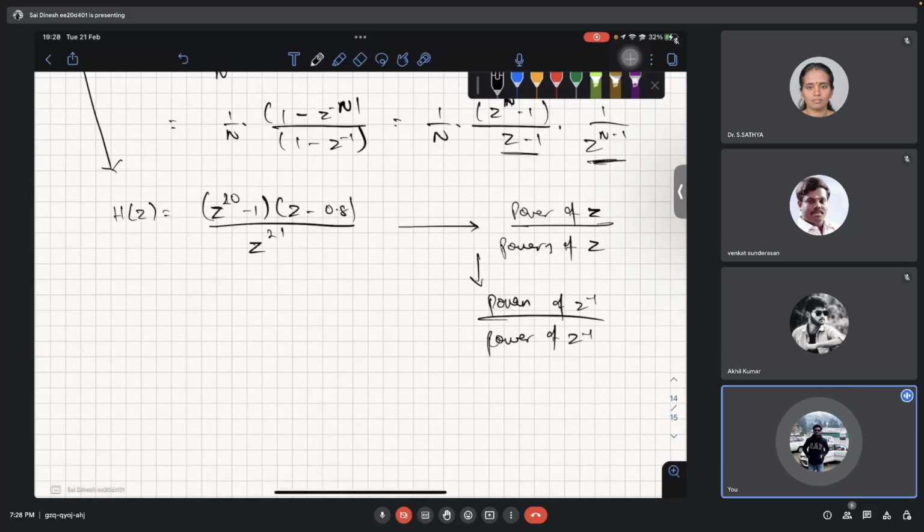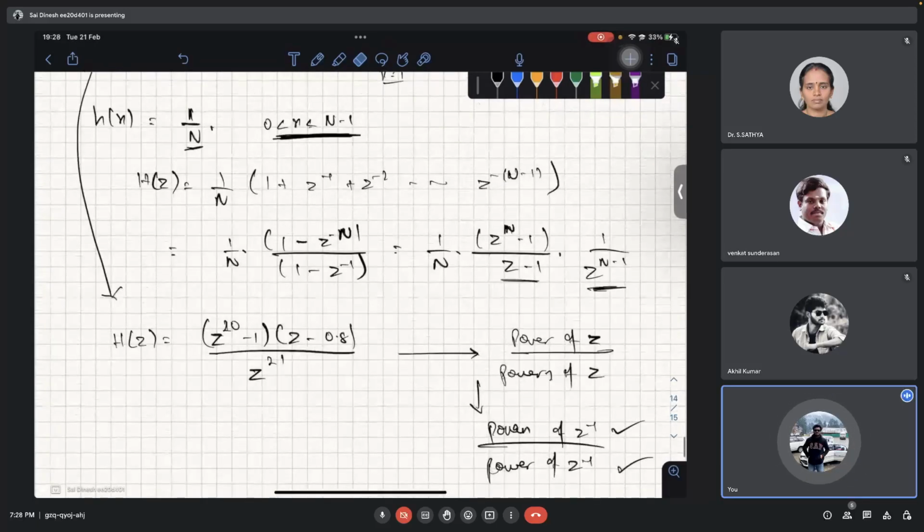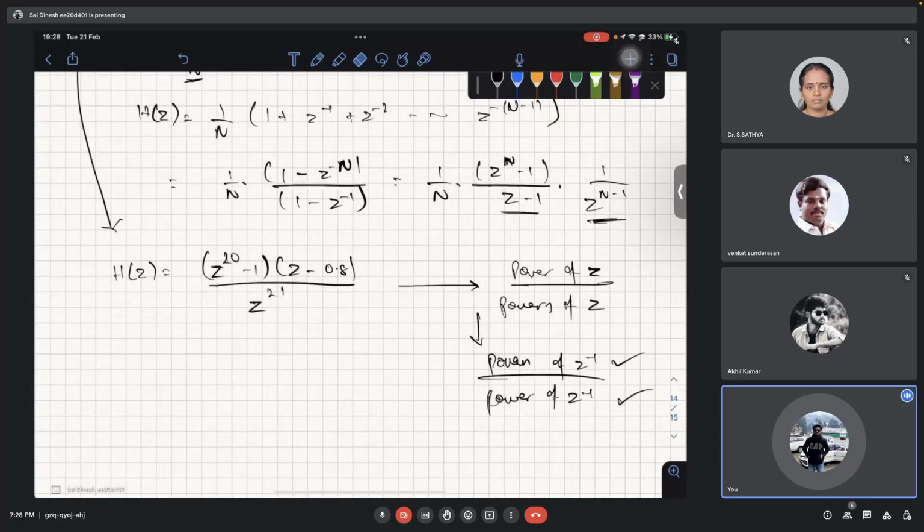And so the 12th question equals the highest power of this one and then the highest power of that one. So this is what the 12th and the 13th questions are. I should not be doing the final step, so I stopped here. So divide by the appropriate power of z, so that the entire powers are in z inverse. That is how you get the highest power of z inverse in the numerator and the denominator, which will give you the solution.